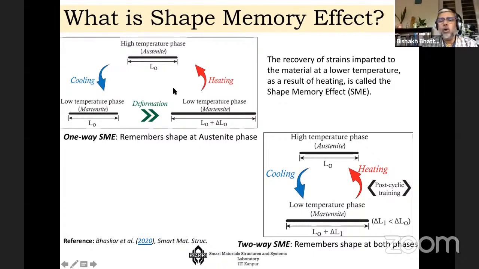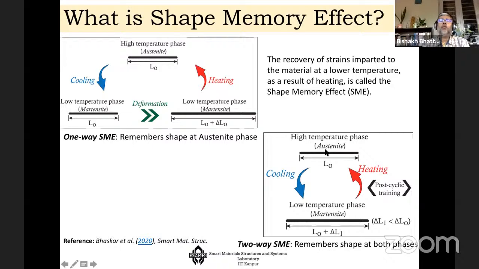So it can memorize the shape. So for example, you are here, and then you are cooling it, and then you are doing some straining on it, and then once again you are heating it, it will go back to the austenite state.